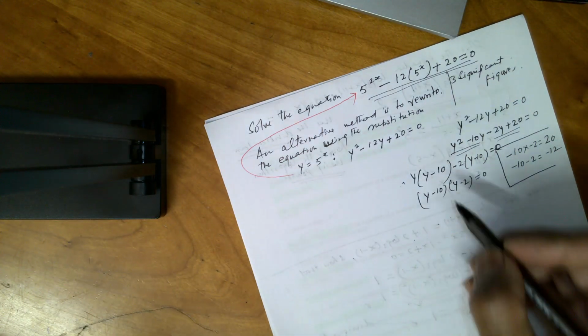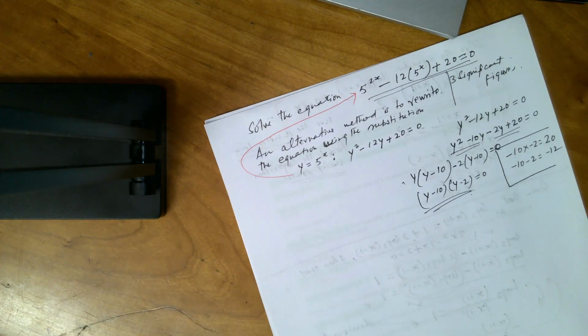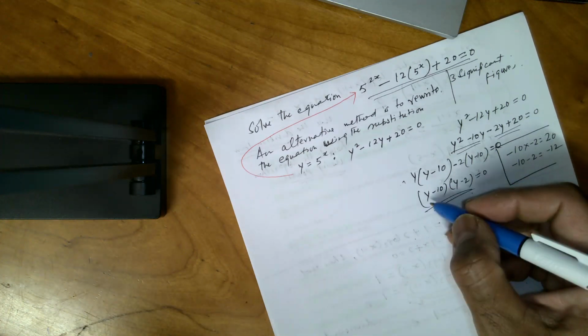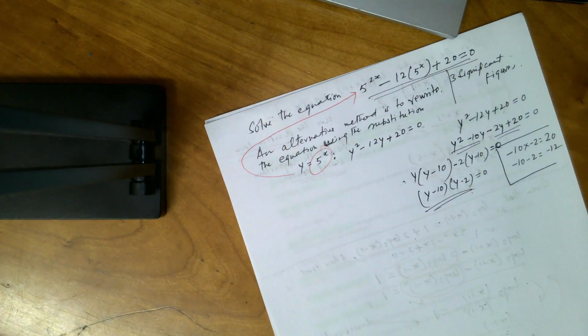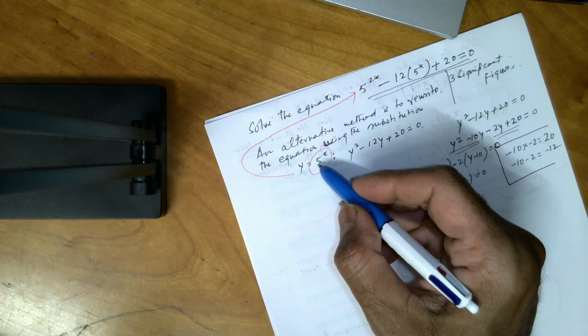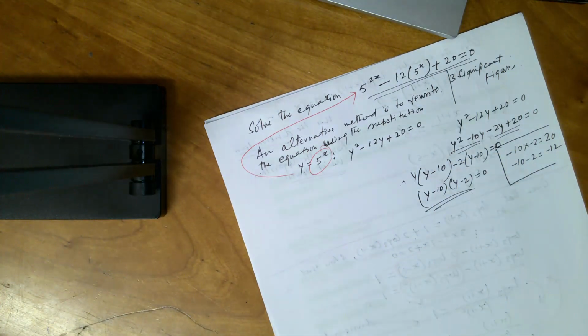Now instead of y, we will write here, because we did this by using the substitution method. We said y is equal to 5 to the power x, and we will bring that back in here and rewrite this equation.